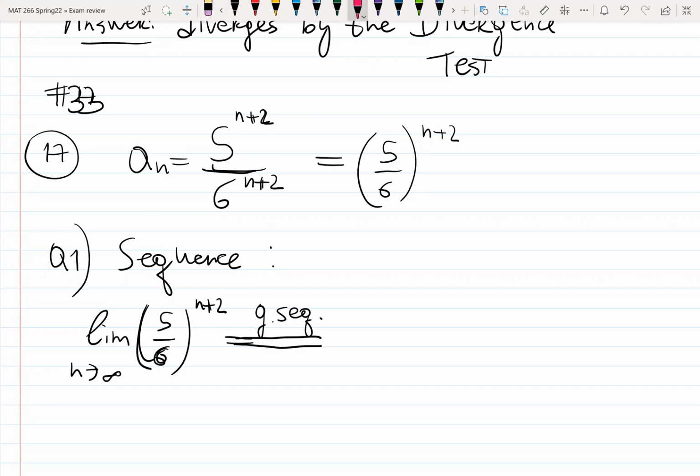A geometric sequence is r to the n type of sequence, and it converges when r is less than 1 by absolute value.